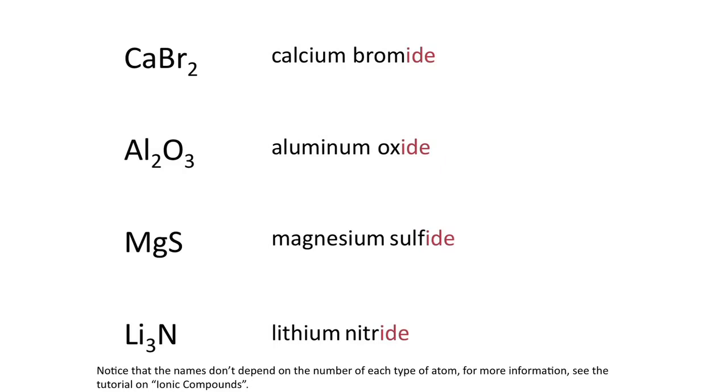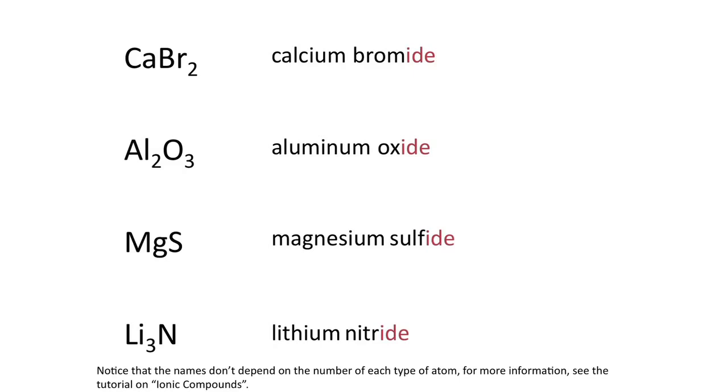What you probably notice about these names is that the names don't depend on the number of each type of ion. This is because ionic compounds form in such a way that the overall charge is neutral. So the sum of the positive charge from the cations has to equal the sum of the negative charge from the anions.